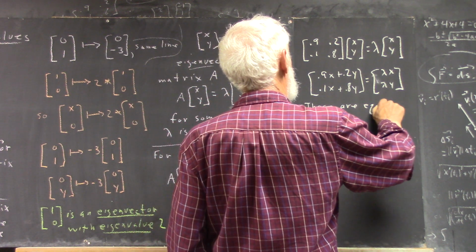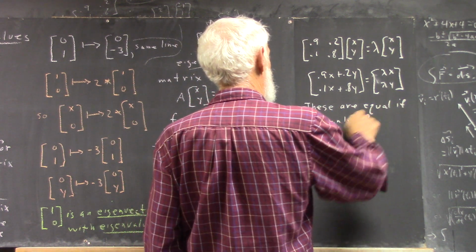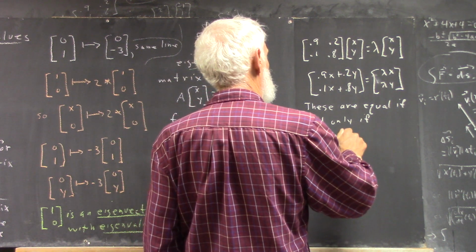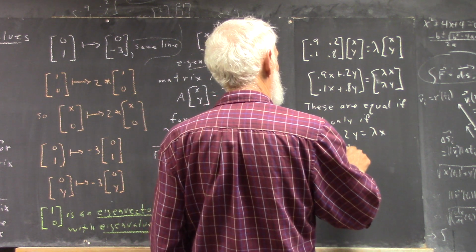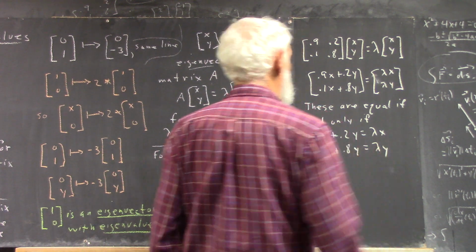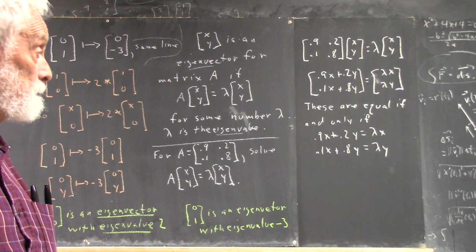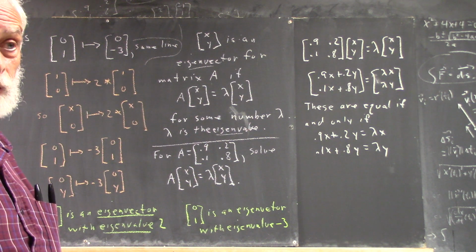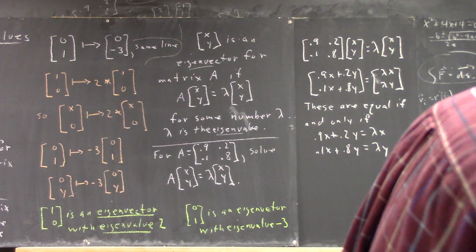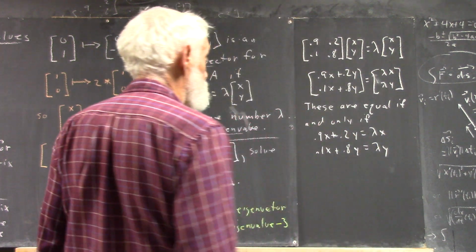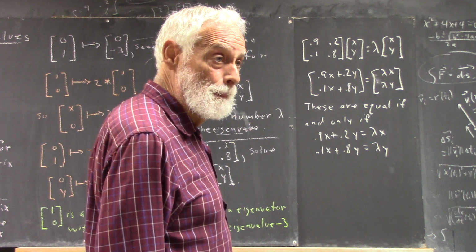These are equal if and only if 0.9x plus 0.2y equals lambda x, and 0.1x plus 0.8y equals lambda y. Well, what's that? That's just a set of simultaneous equations, two simultaneous equations. Unfortunately, there are kind of three unknowns. But we can get around that.